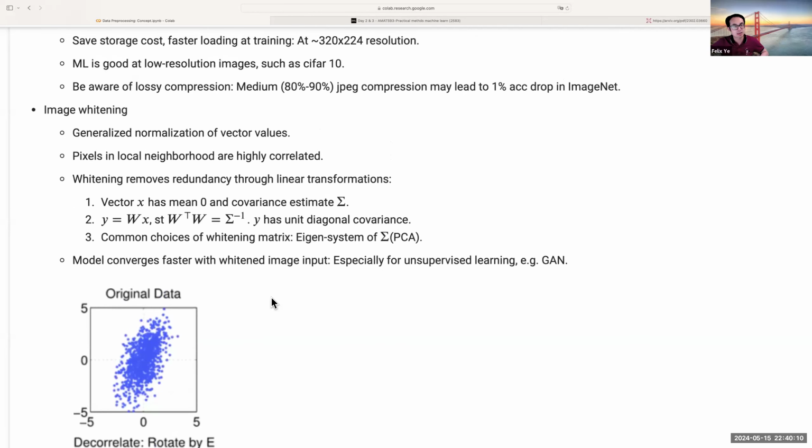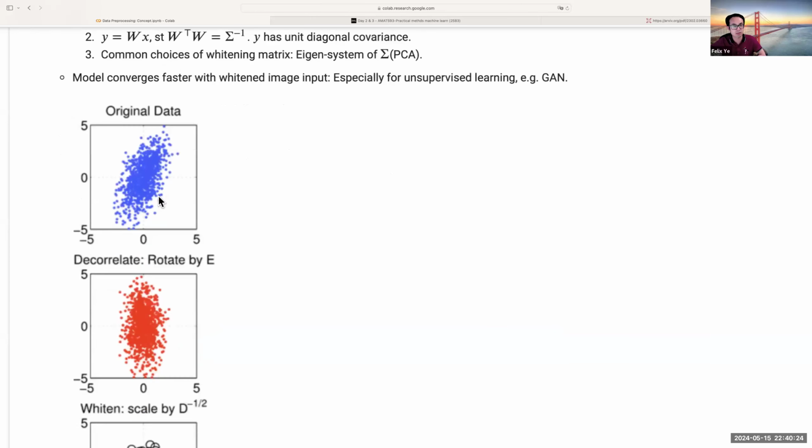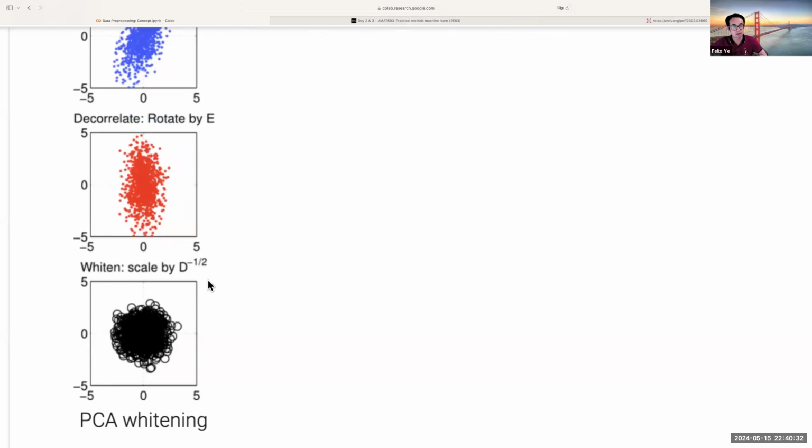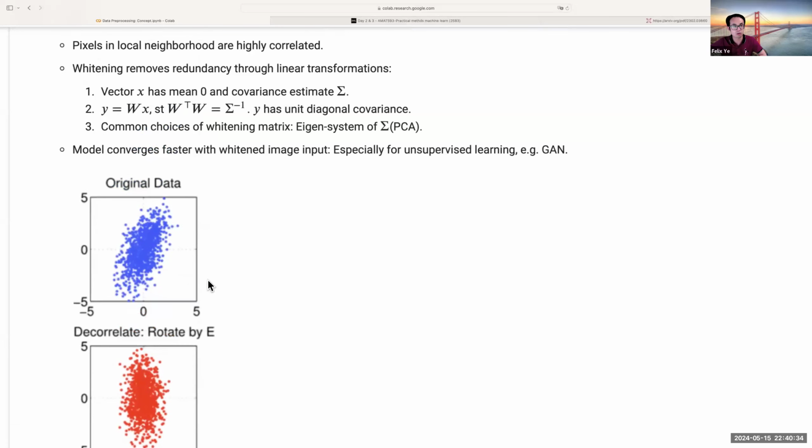Another thing for images is called image whitening. It's a generalized version of normalization. You can think about it like this: this is your original data in 2D, and it looks like an ellipse.